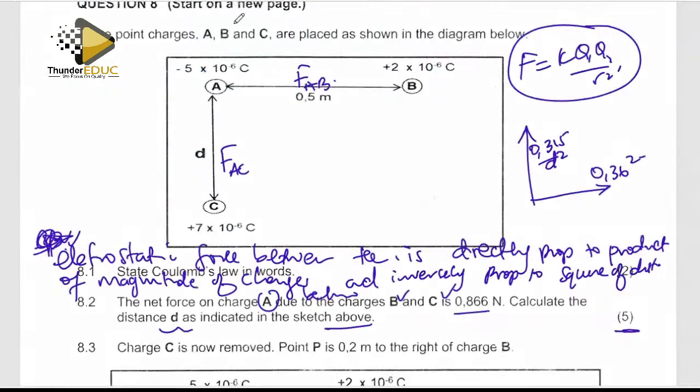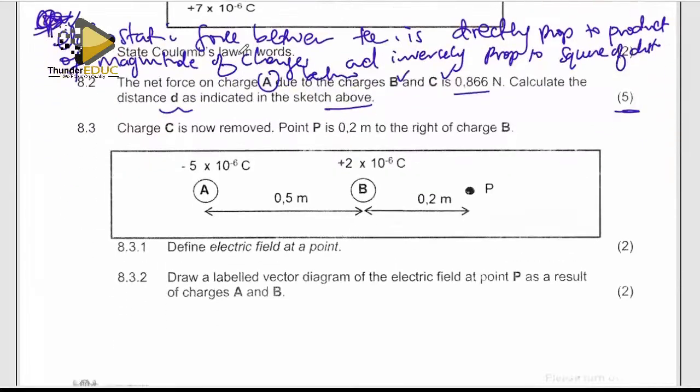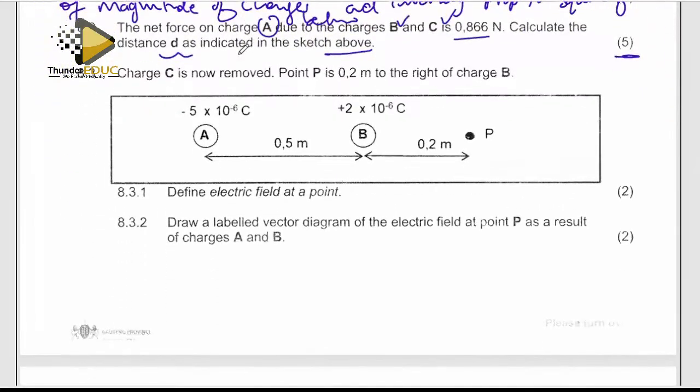All right, then 8.3. They are removing C, and point P is 0.2 meters to the right of B. Can we define electric field at a point? So this is basically the force per unit charge that will be experienced.